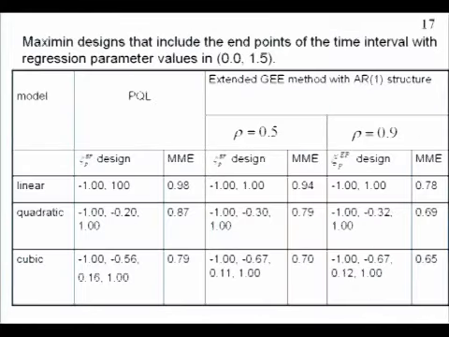So we also try to compute the relative efficiency of designs which include the 2 endpoints of the time interval. In this case, we force the design to include the 2 endpoints, so they are not necessarily the optimal designs. And we found the Maximin efficiencies are still high in the linear and quadratic case, but in the cubic case, it's a little bit lower.